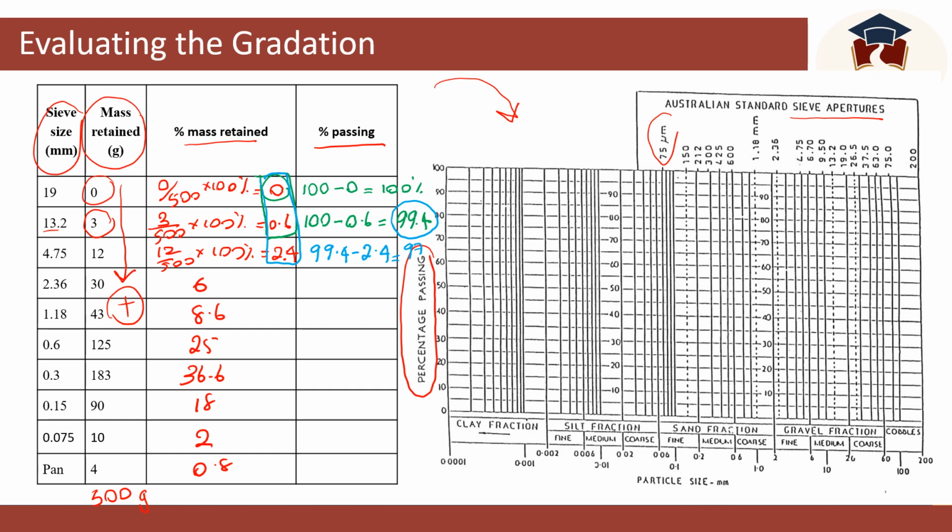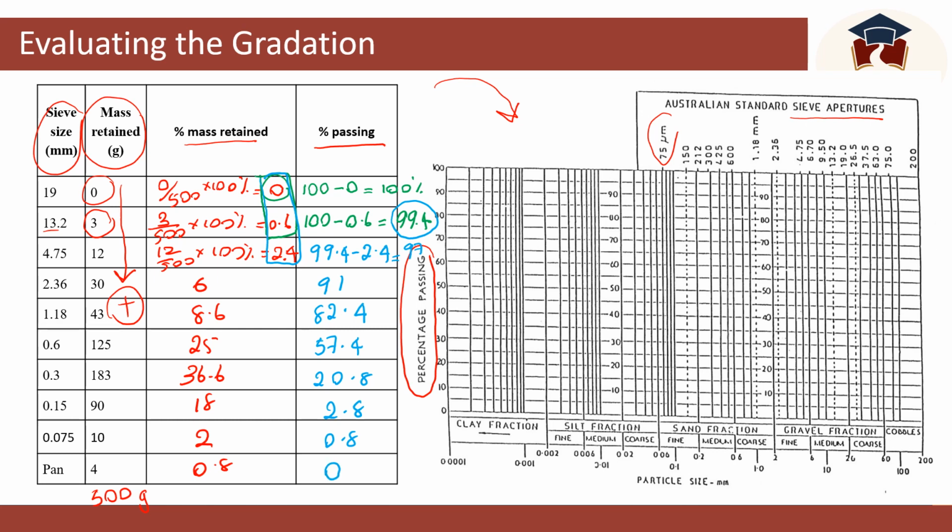Then the next one will be 97 minus 6, which is 91%. 91 minus 8.6, it is 82.4. 82.4 minus 25 is 57.4. 57.4 minus 36.6 will be 20.8. 20.8 minus 18 is 2.8. 2.8 minus 2 will be 0.8. 0.8 minus 0.8 will be 0%.